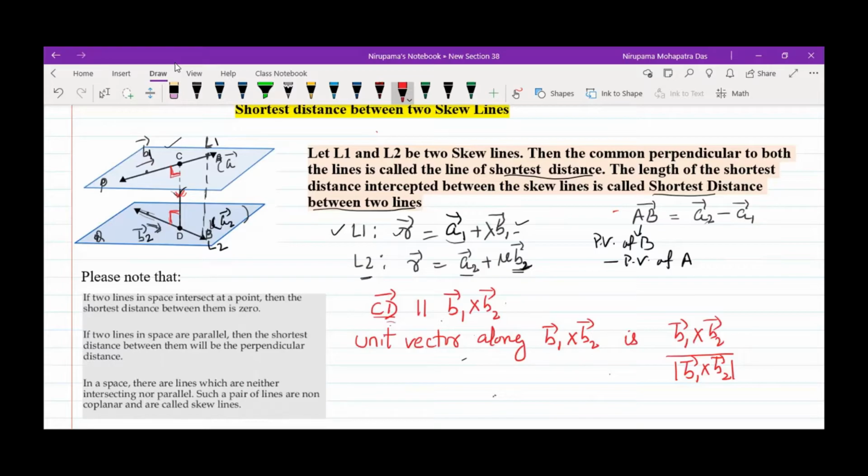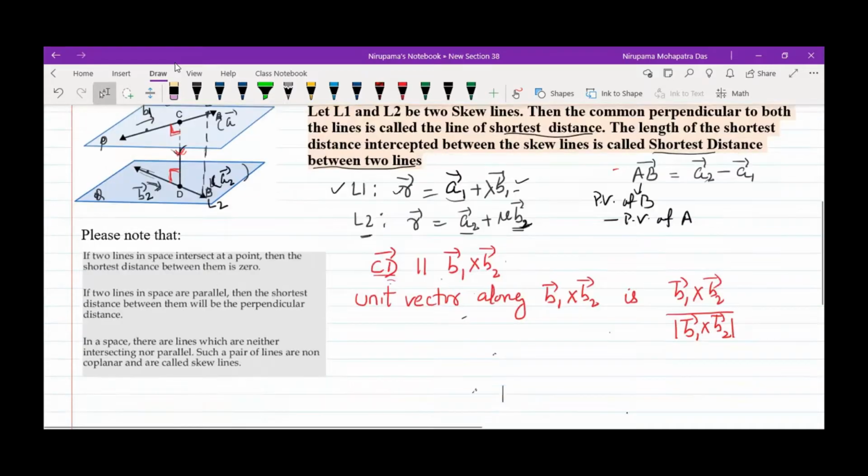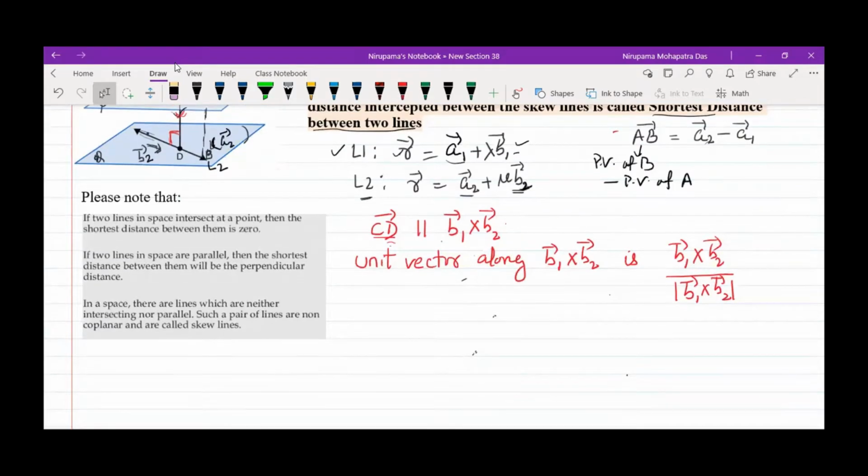It means we can say CD vector will be the magnitude of CD, and for direction we can take the unit vector along B1 cross B2.